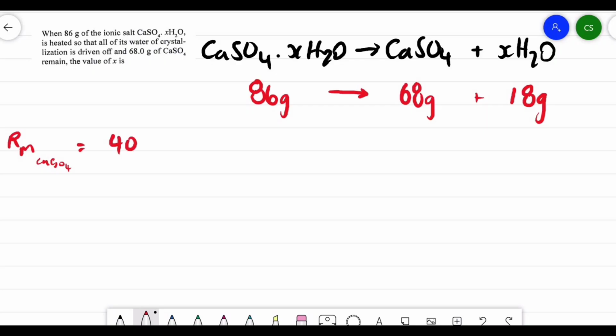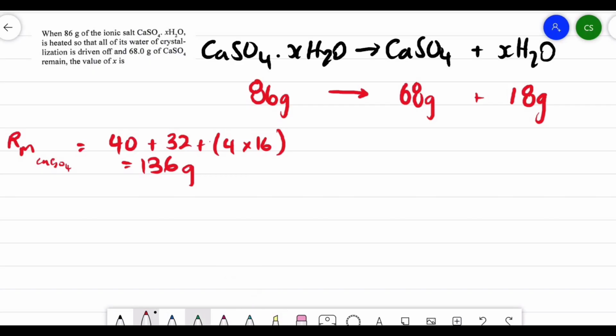Calcium 40 plus S, sulfur 32, plus oxygen, you have 4, so 4 times 16. And that should give you 40 plus 32 plus 4 times 16, 136 grams. Right? Now, what you want to do is find out how many moles would be in 68 grams.